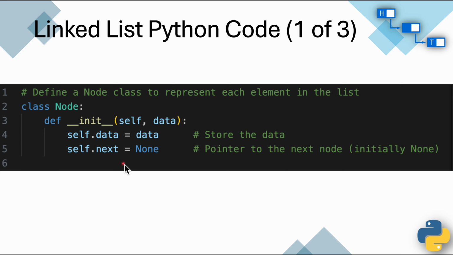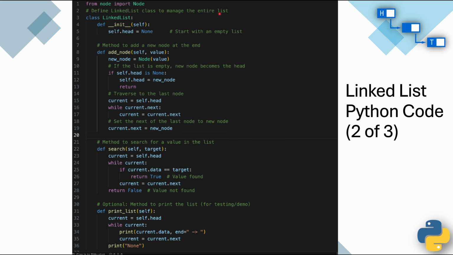If you have a doubly linked list, a couple of things will be added, like previous also being there, but let's not get into that complexity. We are focusing only on singly linked list. A singly linked list always will have data and next: first thing is data, and next thing is the pointer. Okay, let's go next. This is the code.